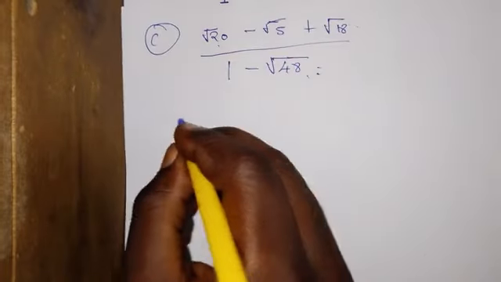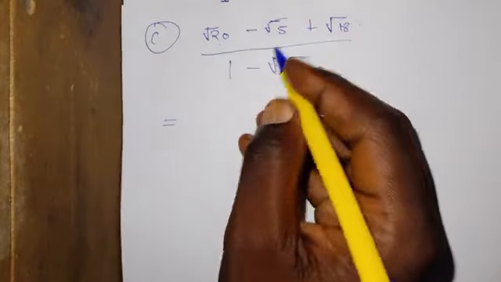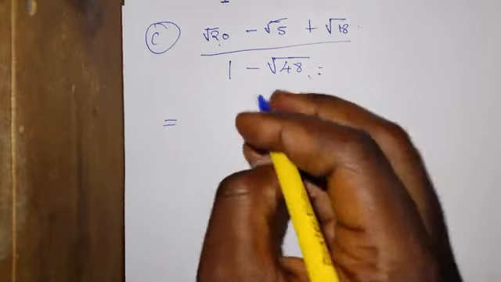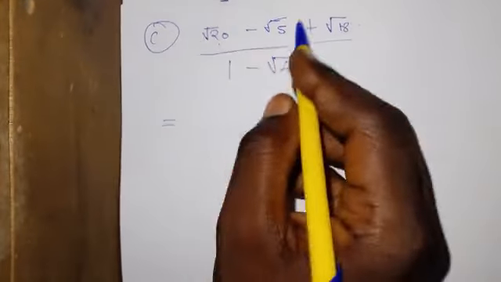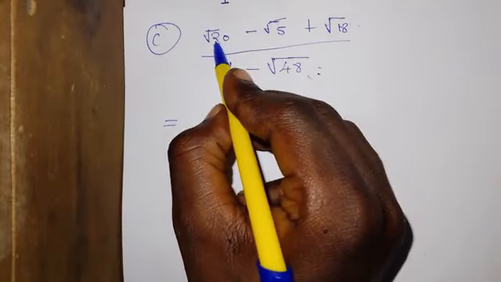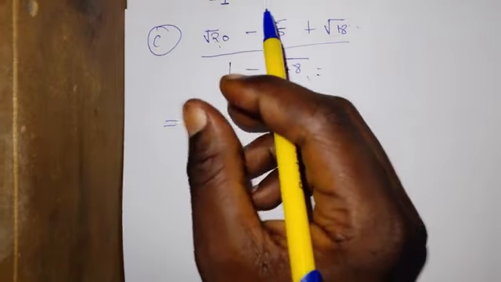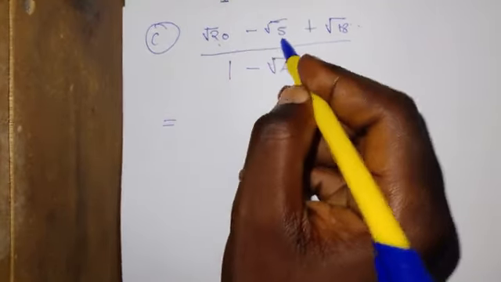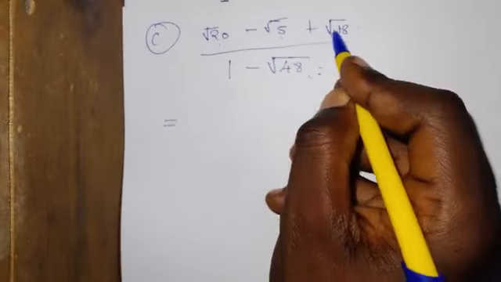For example, how can I handle this? This is just the same as writing these into their simplest version. Instead of me dealing with root 20, I can simplify it to a simple version, and simplify that as well, and simplify that again.